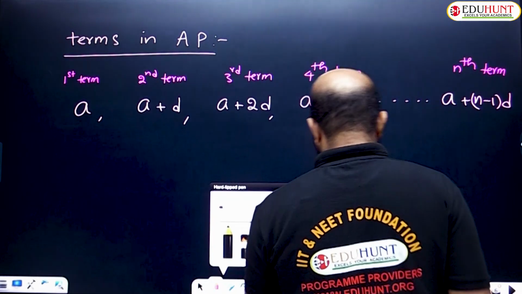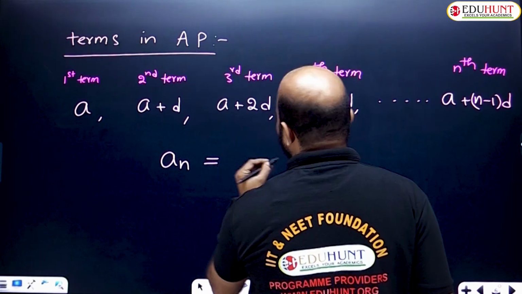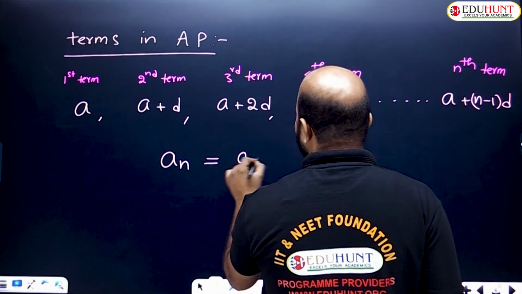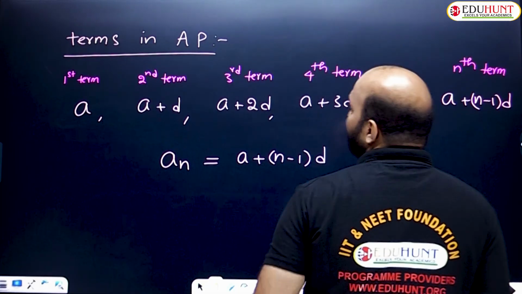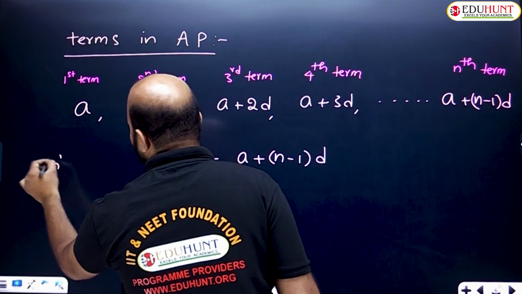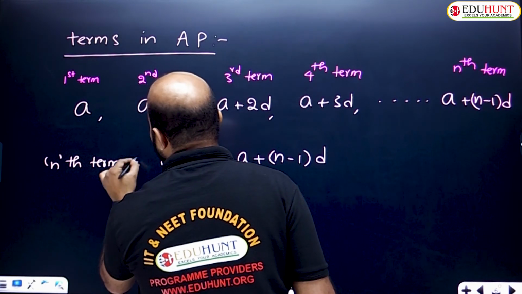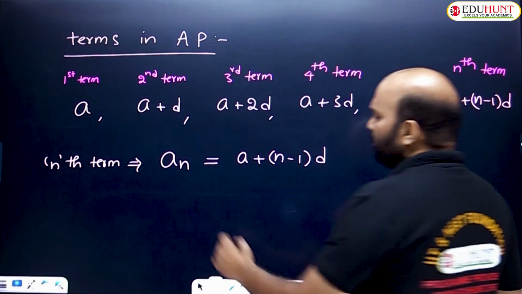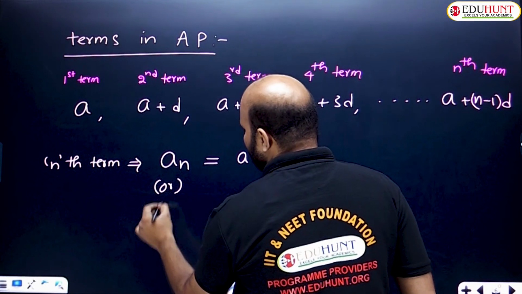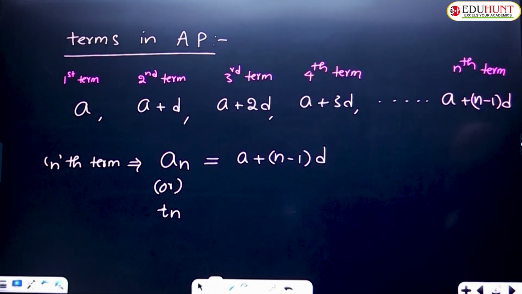But in that case it is considered as An, nothing but the last term. So what is the last term? The nth term is A plus n minus 1 into D. This is a very important formula, the nth term formula. So the nth term in AP, An equals A plus n minus 1 into D. An or Tn, nth term or last term. Am I clear?